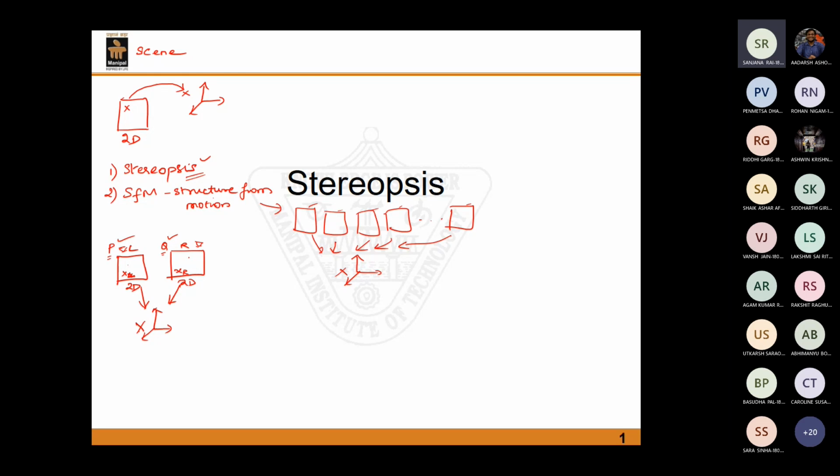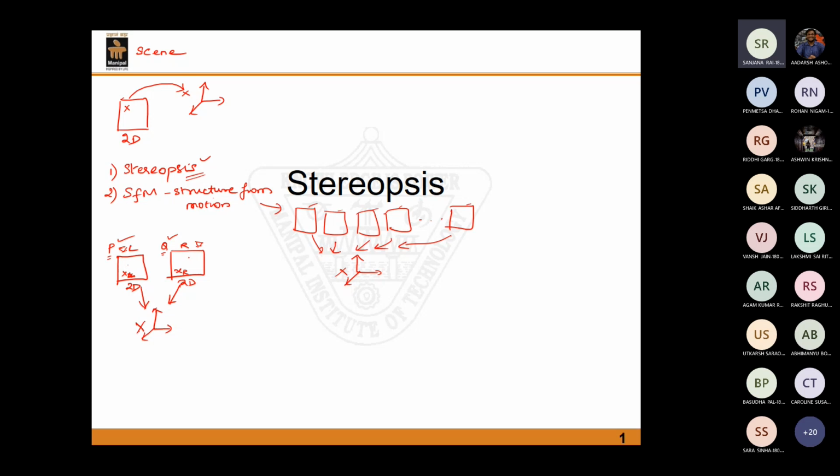And here, since we consider these cameras as the human eyes, at slightly different positions, the camera parameters in these two cases would be different, right? And knowing these parameters, we can use them in order to reconstruct the particular 3D point.